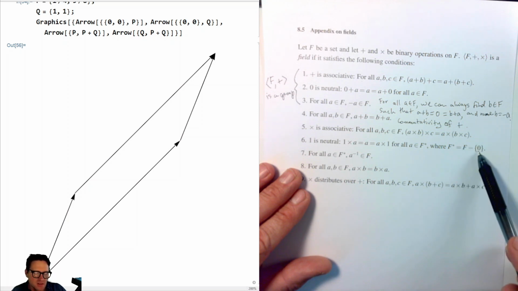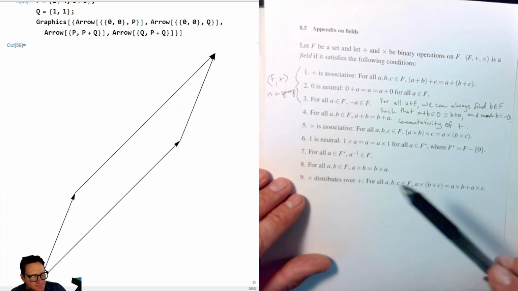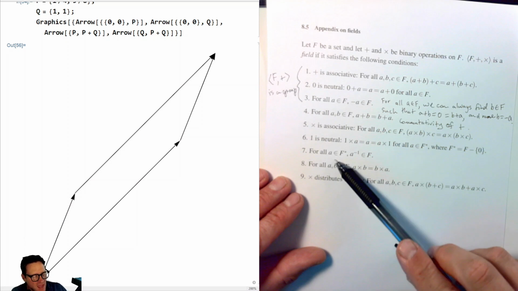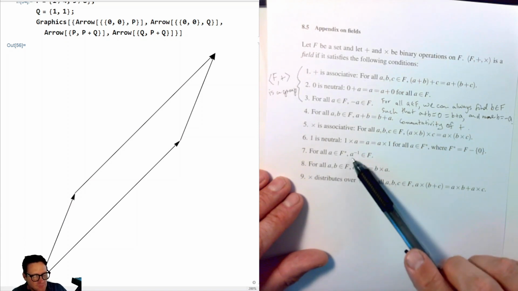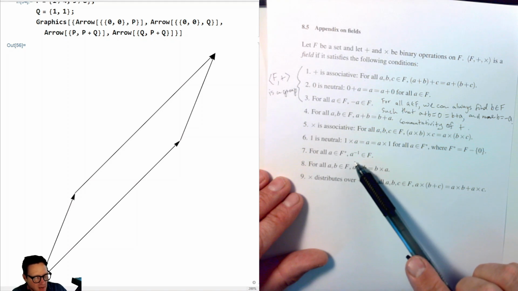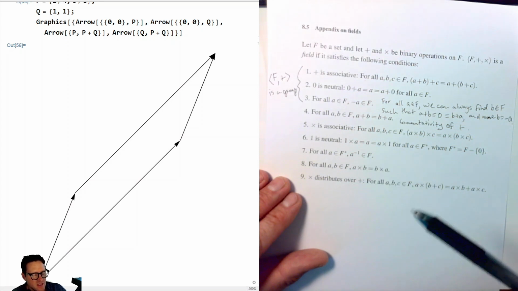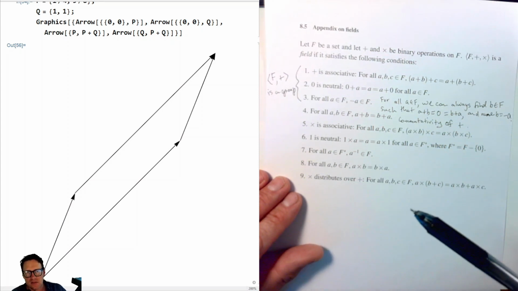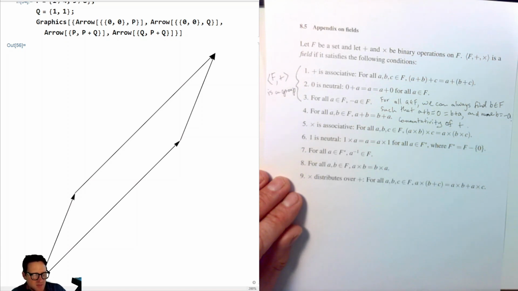We're throwing out that neutral element 0. For all A non-zero elements of the field, we can always find an element B called B inverse that is in F such that A times B is equal to the neutral element 1, which is B times A.